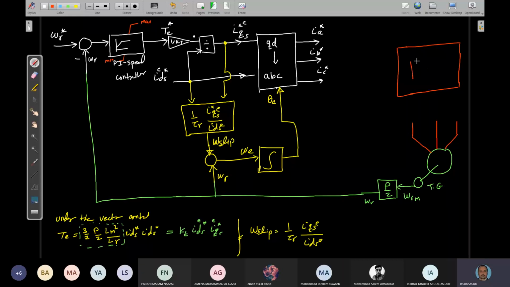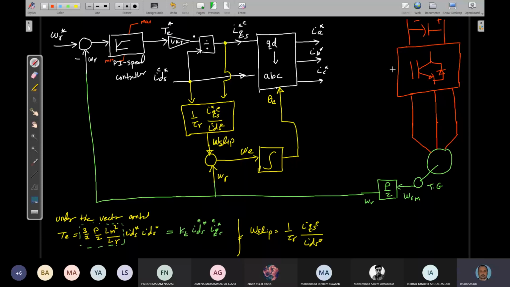So let's assume this is an IGBT-based converter, three-phase system, a 3-leg inverter. And here I'm having the DC link, plus minus. Either I'm having a pure DC or it comes as a result of a stage of rectification.